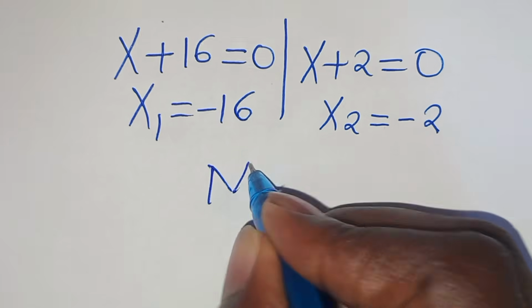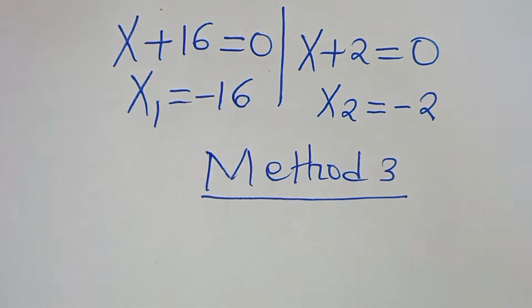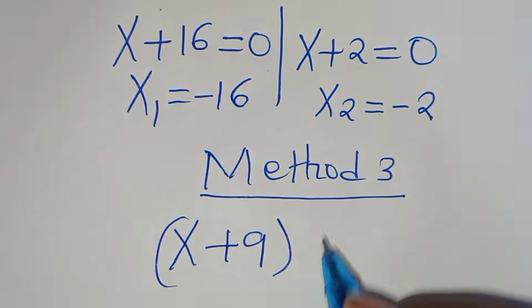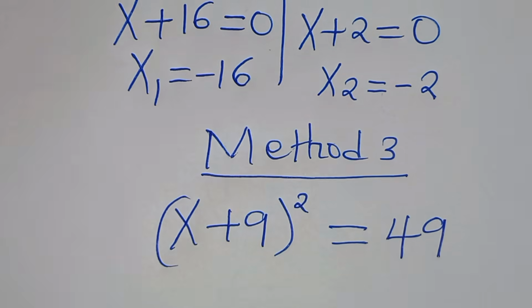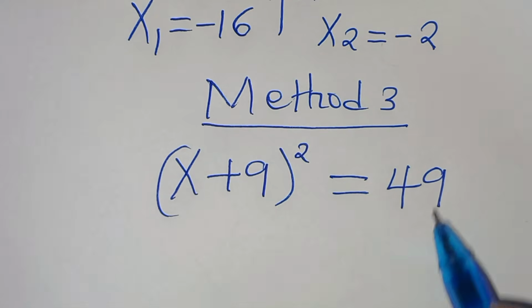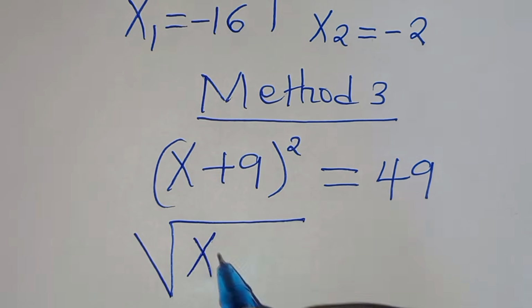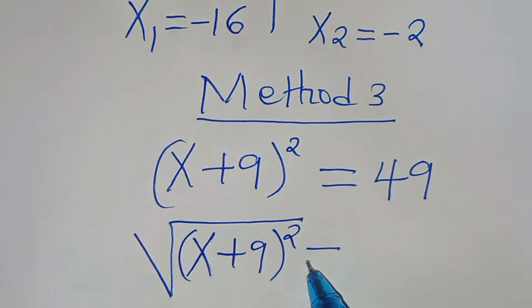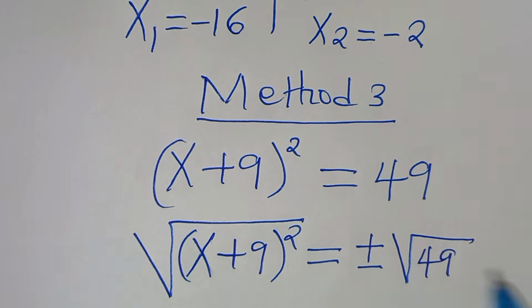Method 3. We have the math problem (x + 9)^2 = 49. In this method, let's introduce a square root on both sides, so that we have the square root of (x + 9)^2 equal to plus or minus the square root of 49.